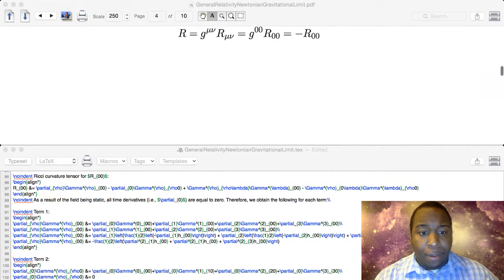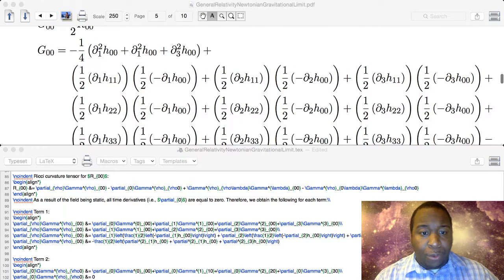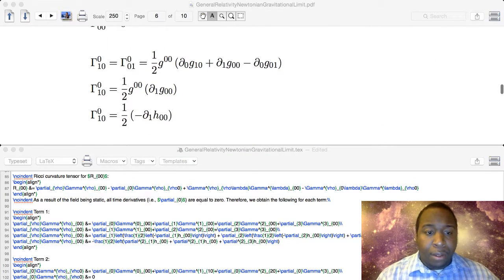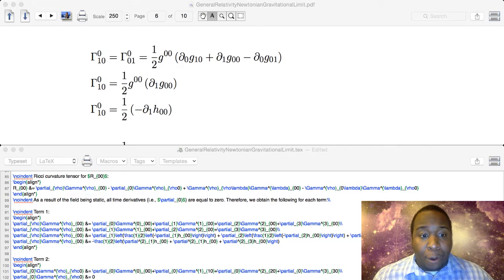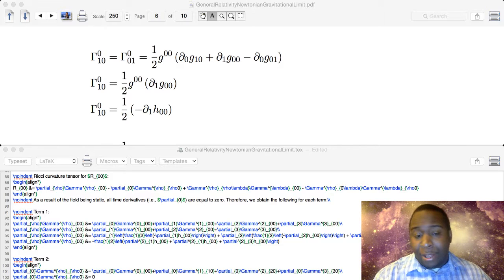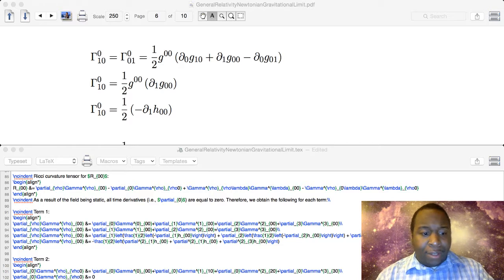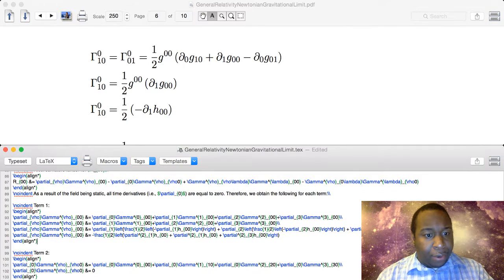So, going back to our Christoffel symbol for that term, g superscript 00 is equal to -1, which I've accounted for in the third equation I'm showing here by just putting a negative sign. But one more thing to note is that we're taking a partial derivative. So it might be best if I write this in so that it's clear what's going on here.